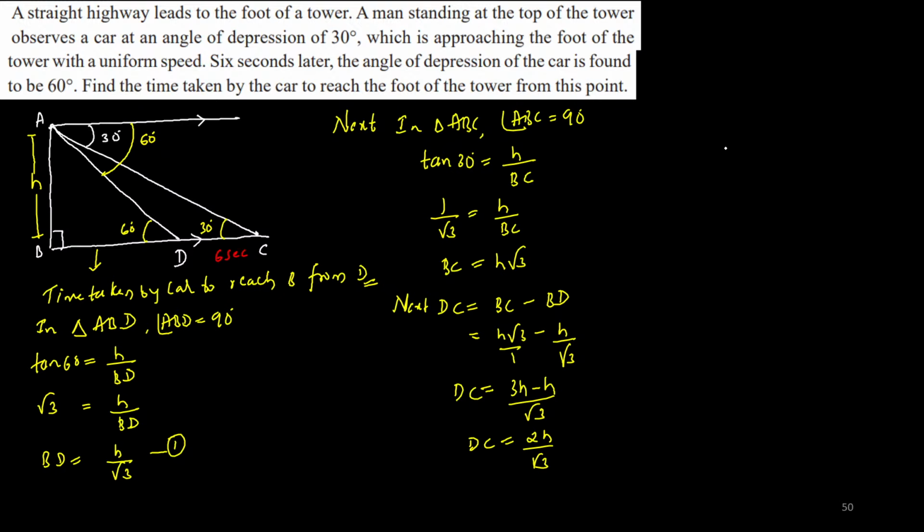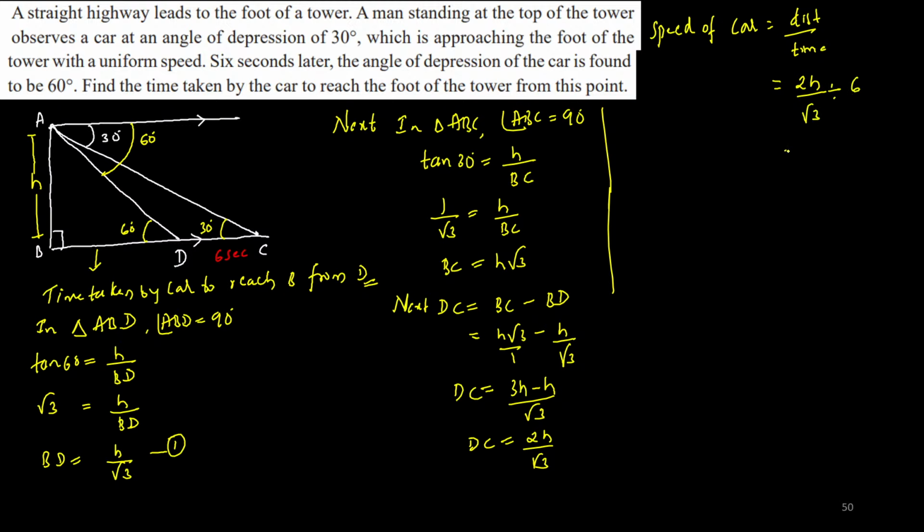So next I will find out the speed. Speed of what is this? Car, right? Speed of car is equal to distance by time. Clear? Any doubt over here? So now distance is 2h by root 3, divided by 6.